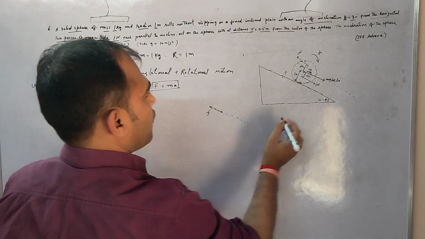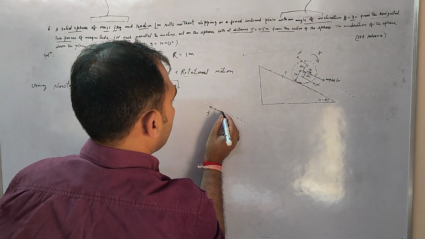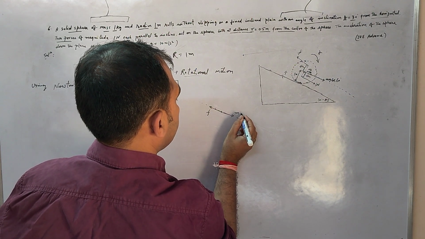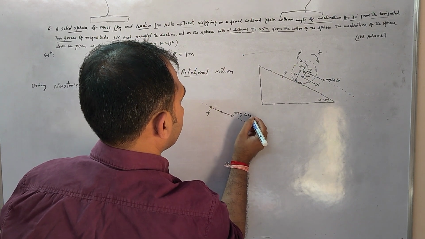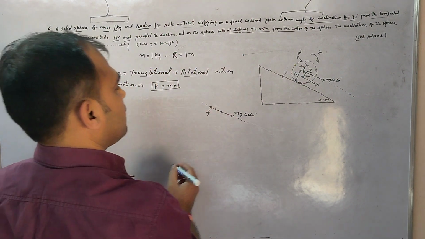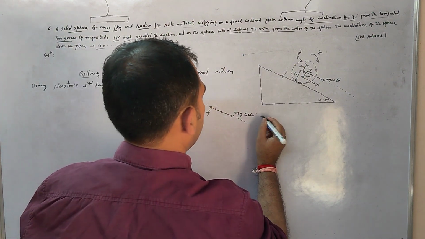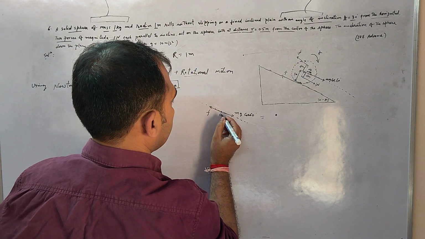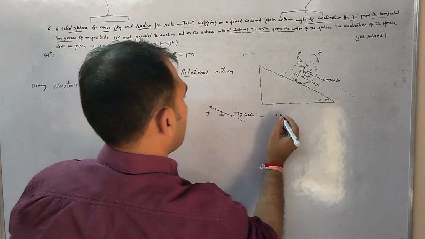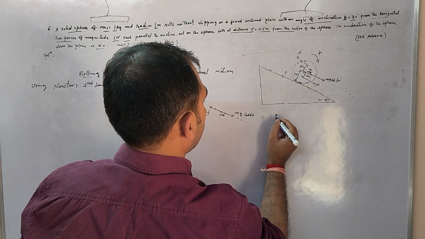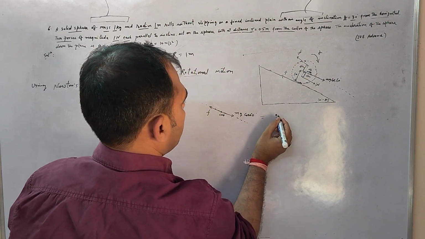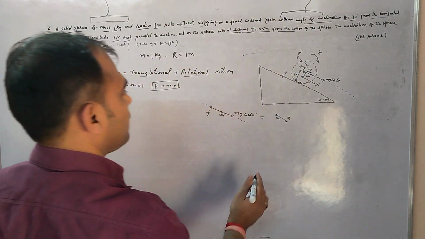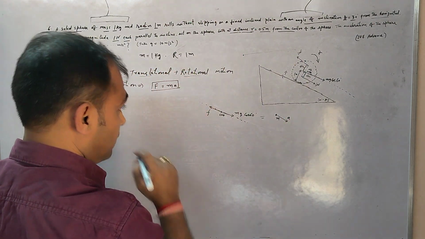Now we are left with the component of mg, that will be mg cos 60 degree. This will be the resultant on the center of mass M, moving with acceleration A.